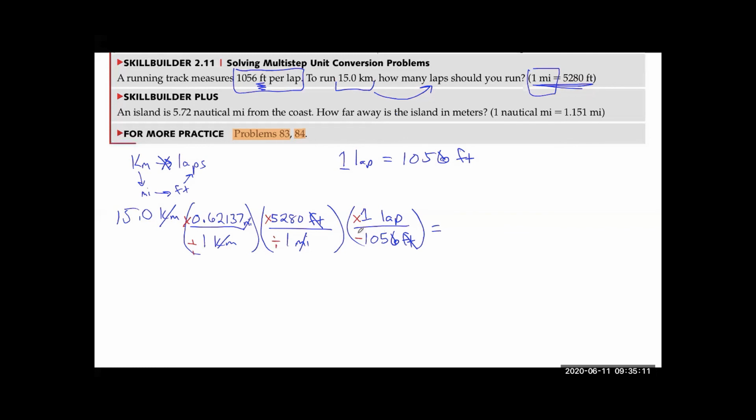Now, of course, the first two divide by one, right? Numerically, that doesn't do anything. It's just reminding you of that. Multiply by this, multiply by that, and then you'll divide by the 1,056, and that will give you your proper answer. And let's go ahead and round off to 3 sig figs.